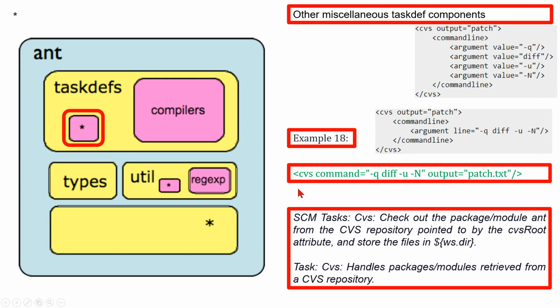Here, silently (-q) create a file called patch.txt containing unified (-u) diffs, which includes new files added via cvs add (-N) and can be used as input to patch. The equivalent using the command line element is here.